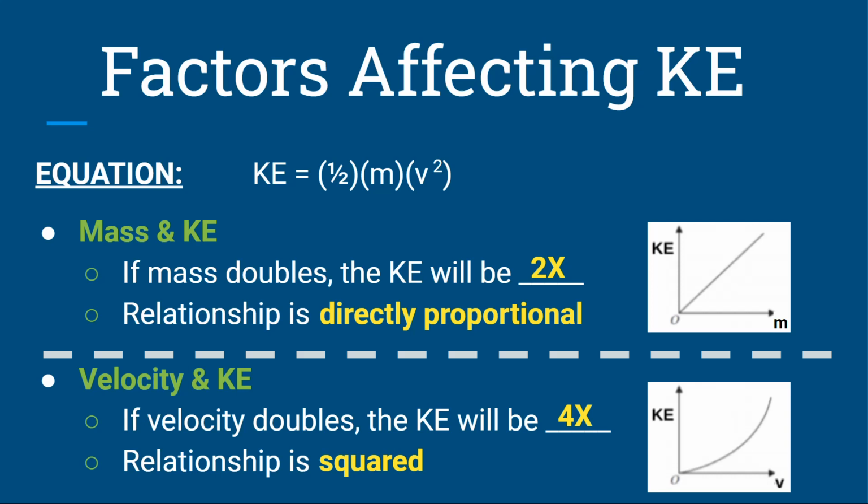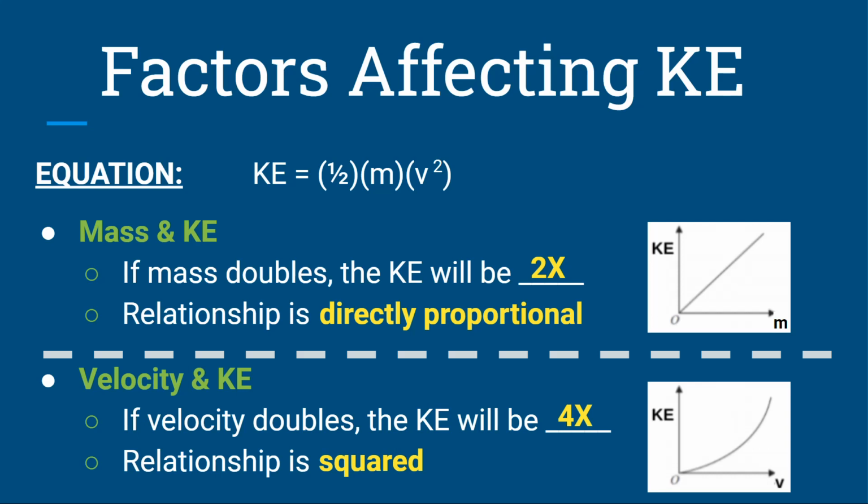However, you don't get a straight line for velocity, because it's not directly proportional. If you were to double the speed that you throw the ball, but kept the same ball, it doesn't just double kinetic energy, because in the equation, velocity is being squared. So if you double the velocity, you would have 2 squared, or 4 times the amount of kinetic energy.